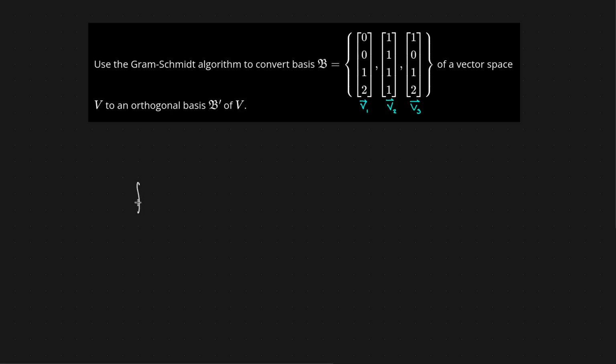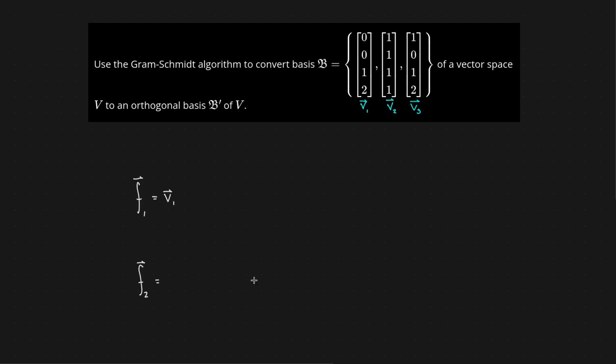So I'm going to find vectors F1, F2, and F3 that are orthogonal and form a basis for the same space V. Now, according to the Gram-Schmidt algorithm, to find F1, all we do is set it equal to one of the vectors in my original basis. In this case, V1. Technically it could be any of these, but we usually go in order. So I'll start with V1. Not very interesting. It doesn't get interesting until we start working with F2.